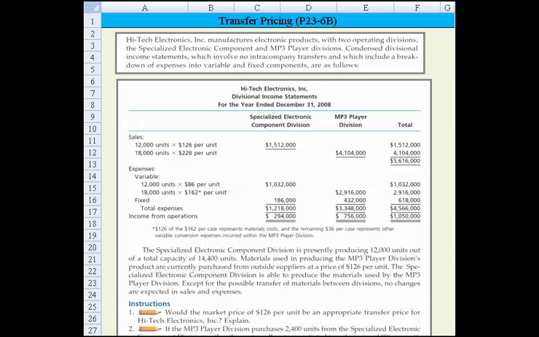Hopefully you understand enough before watching this demonstration to know that the answer to this question is no. If we've got unused capacity in the supplying division, which in this case is the Specialized Electronics Component Division, then using a market price approach may not lead to the maximum profit of the total company.